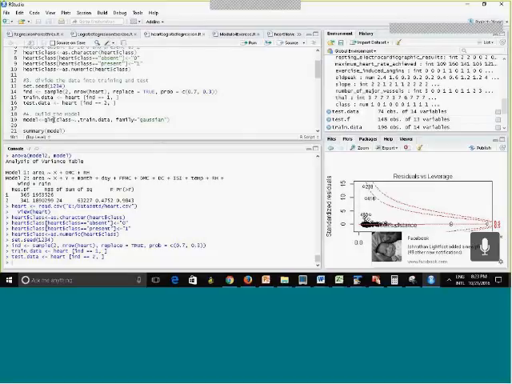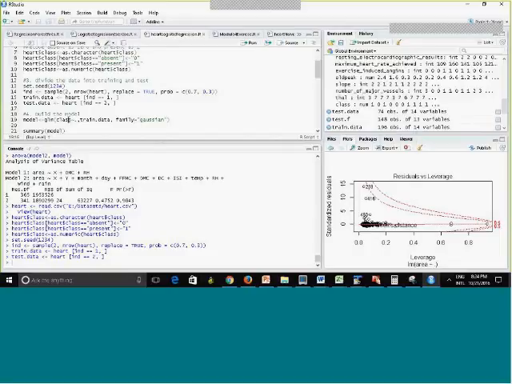The function to build a logistic regression model is GLM. Instead of LM, we have GLM now. The syntax is the same. Here I have a formula. Class is the name of my dependent variable, then the tilde, and here I can list all my independent variables, or I can put the wildcard dot, which means that all my variables are to be used.